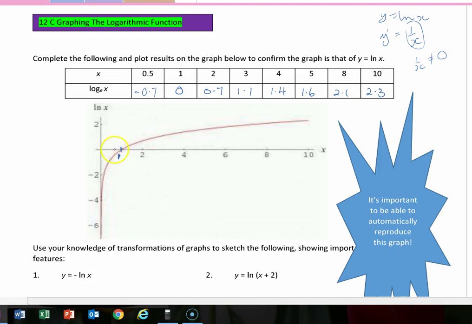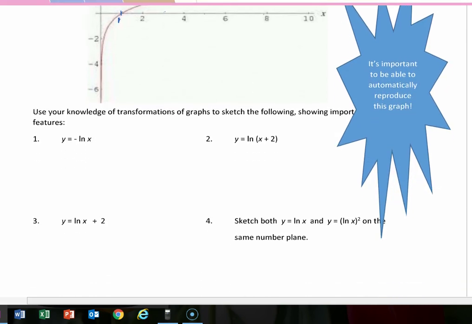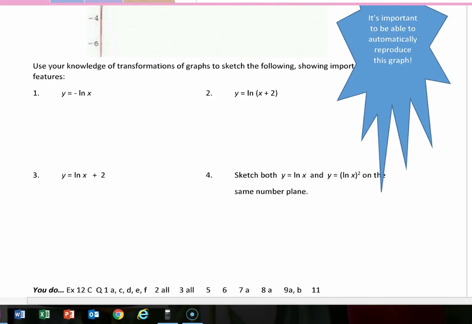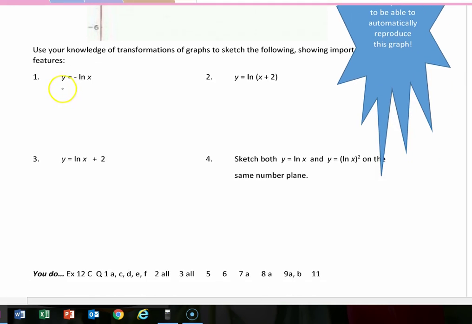The only real value you see on the x-axis also is the intercept. If you were graphing this, just be careful. At 2, it's 0.7, then 3, 4, 5, but then we jump to 8, and then jump to 10, and you get that graph.